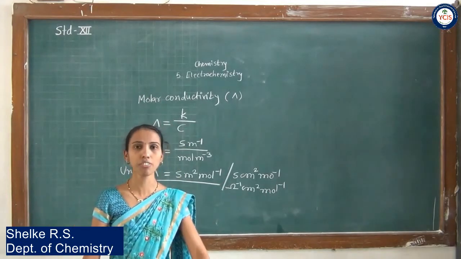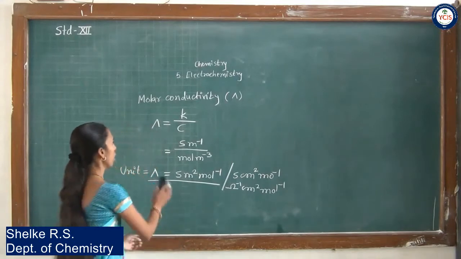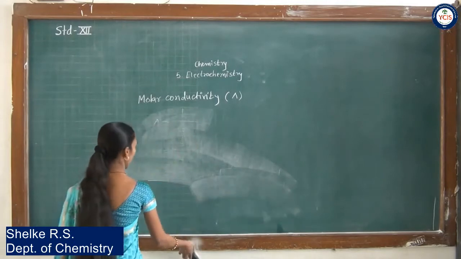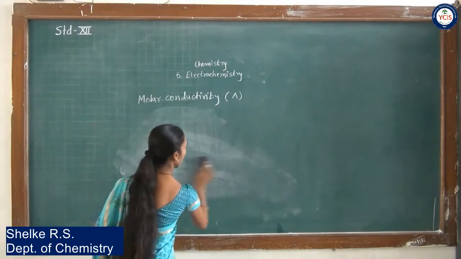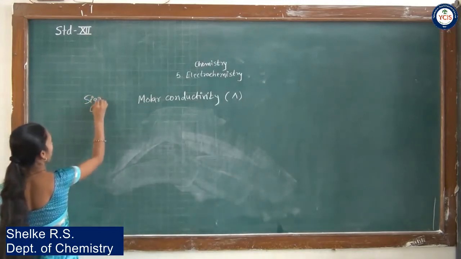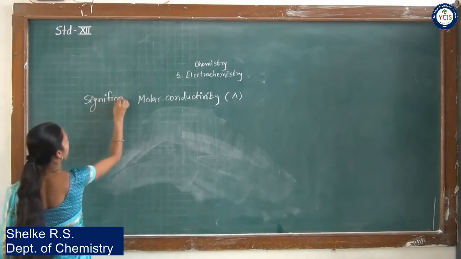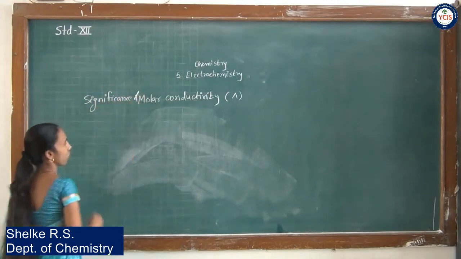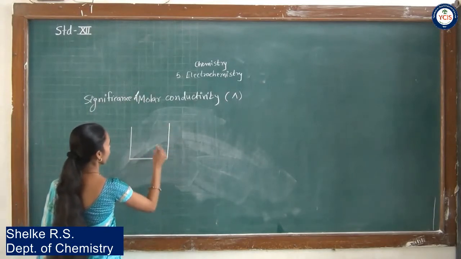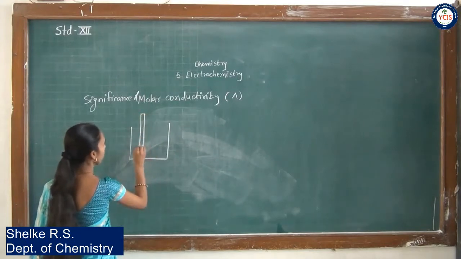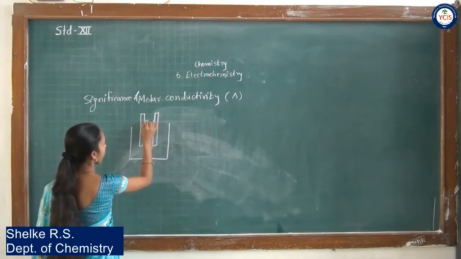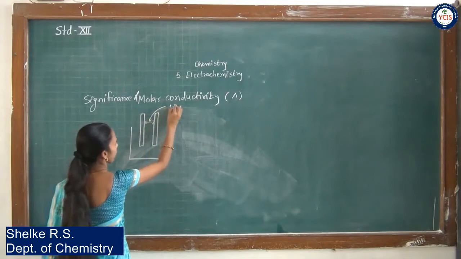Now, considering the significance of molar conductivity, we have to consider one container in which you have placed two electrodes, and the distance between these two electrodes is 1 centimeter.